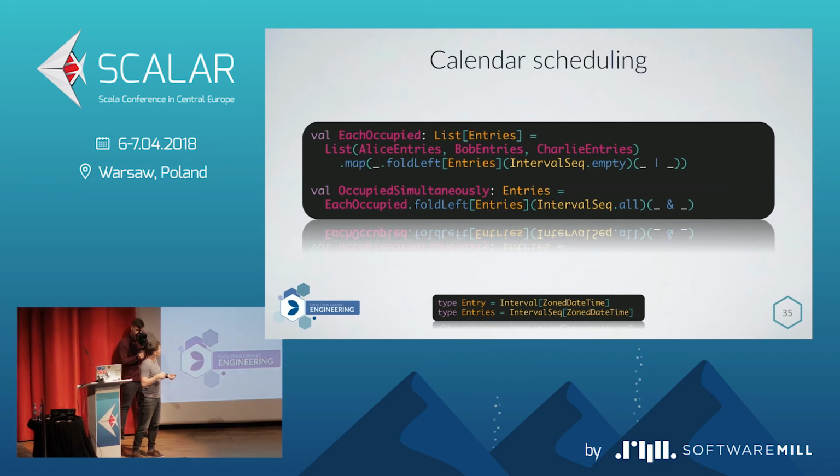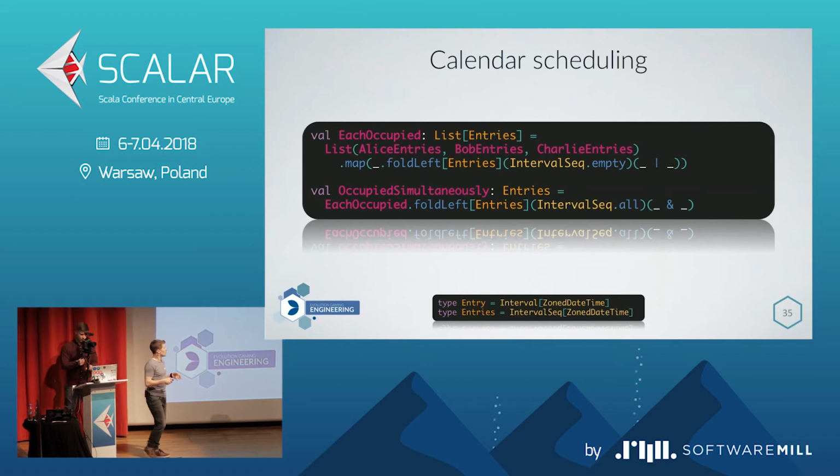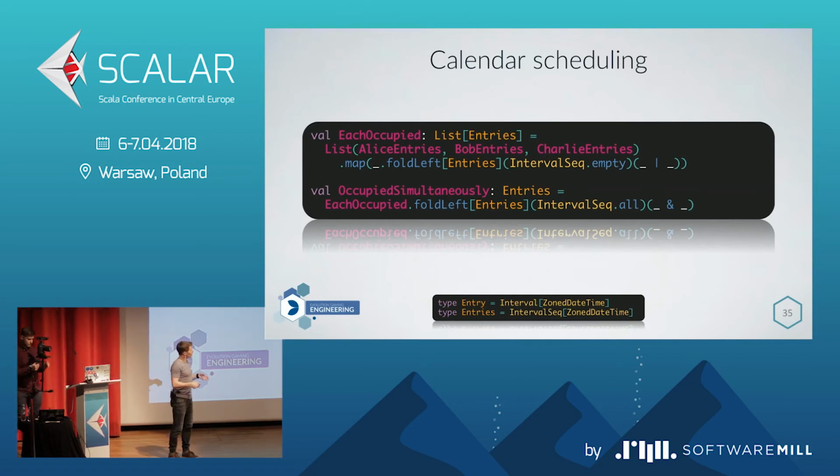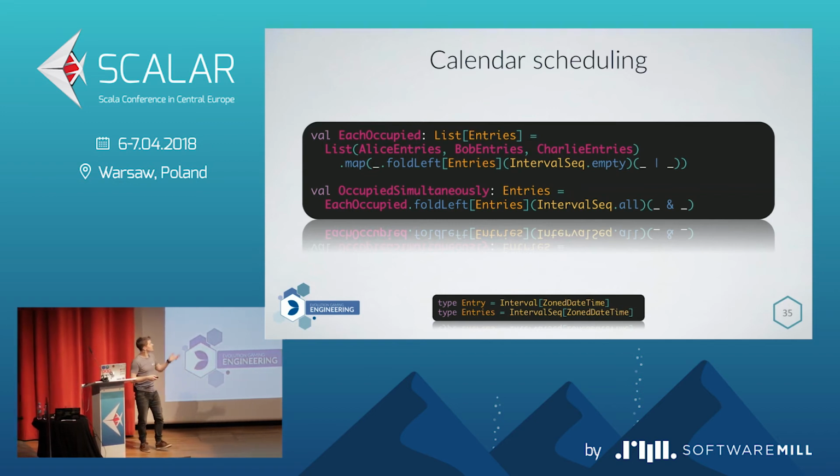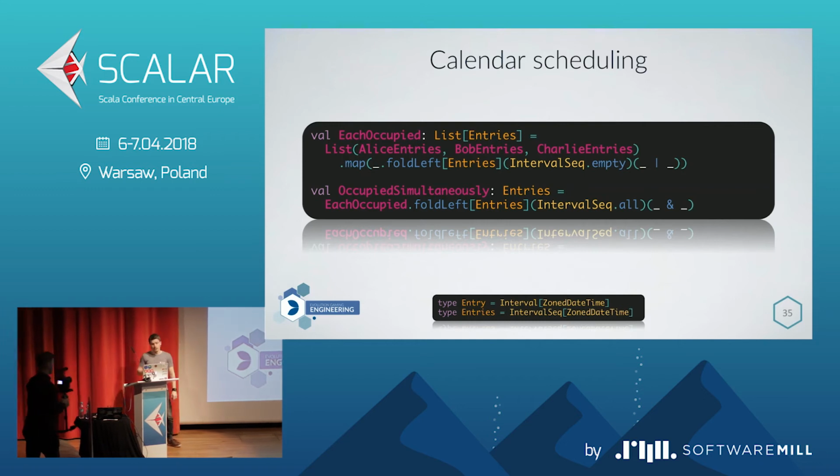And then we'll just intersect them all together, starting with an interval sequence that is basically negative infinity to positive infinity. It's the set of all values. So we'll intersect them all over each other to get only the periods where all of them are working together. So that's the whole solution.